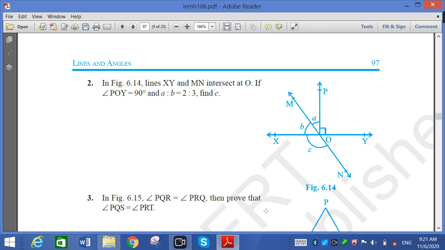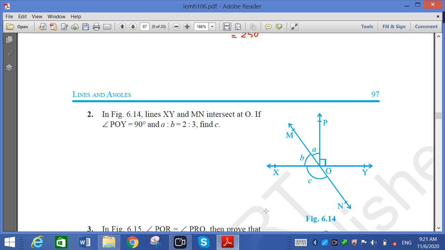Now we go for the second. Again the same, whenever angles are there, we have to take the ratio. Here it is 90, and the vertical opposite angle, that is B, is equal to MOX, which is equal to XON.